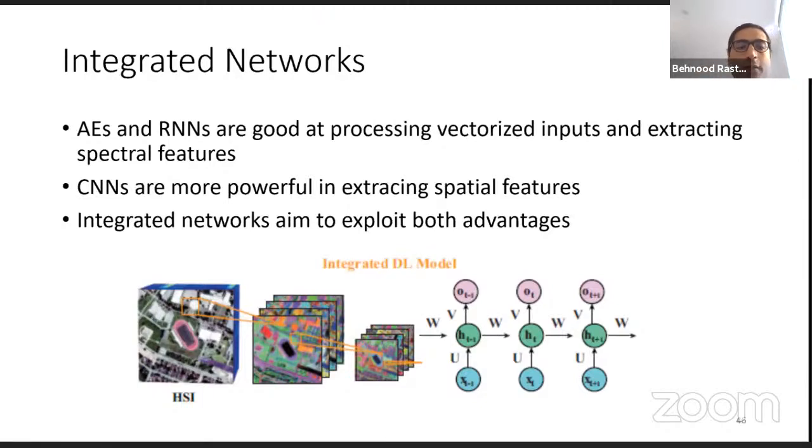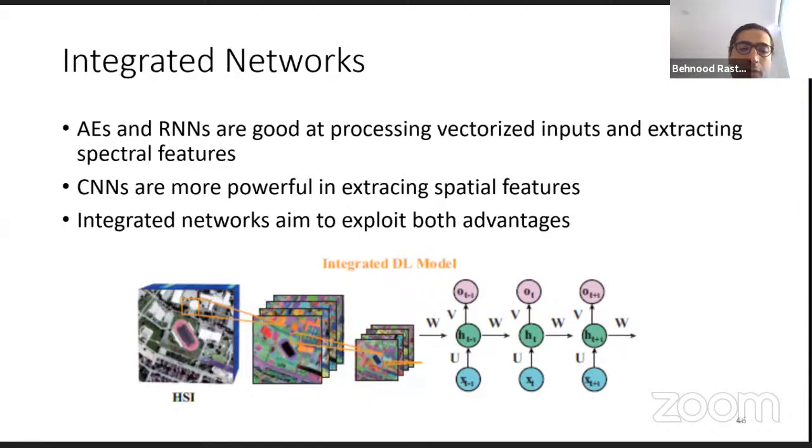And as we saw, CNNs are more powerful in extracting the spatial features. So it's logical to integrate these networks, aiming to exploit the advantages of different architectures.